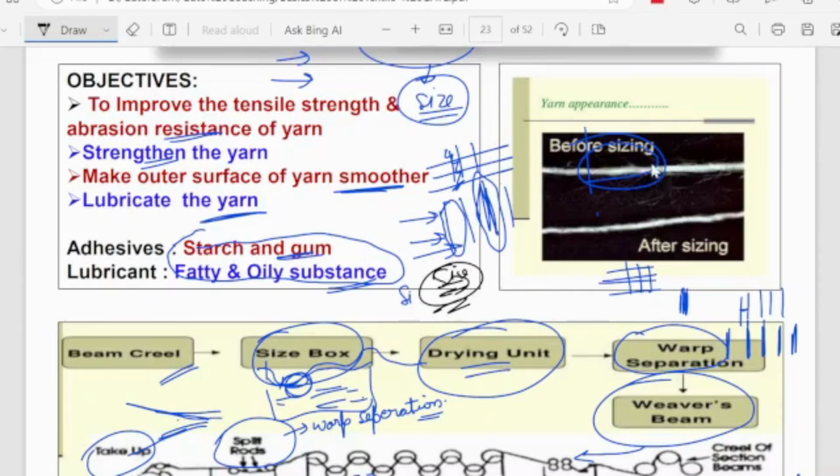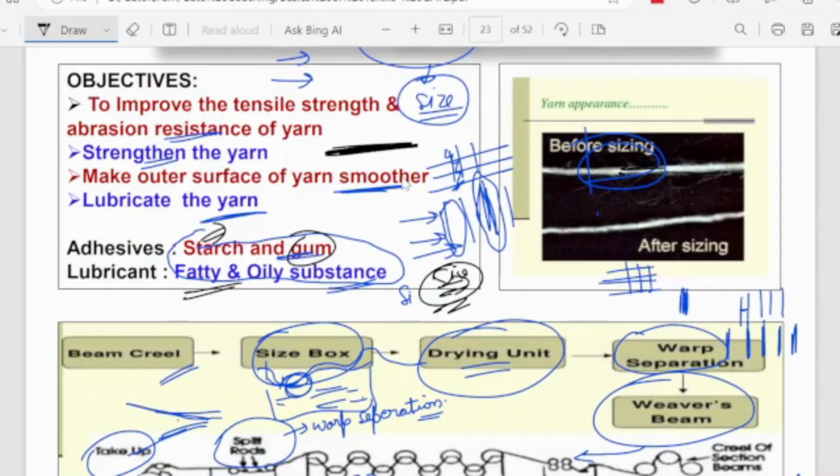Size means the adhesives that we have put onto the fiber, the yarn. Basically it comprises starch, gum, and other fatty and oily substances. These are not removed, these are put onto this yarn. Why are these put? So as to provide strength to the yarn of the fabric.